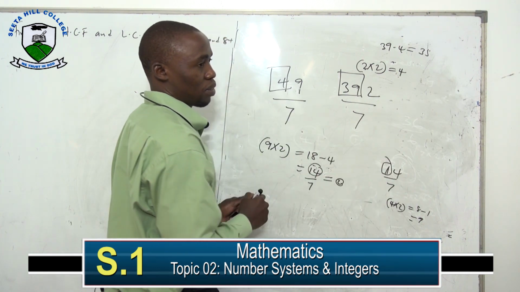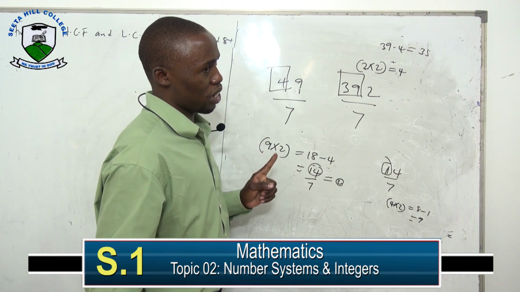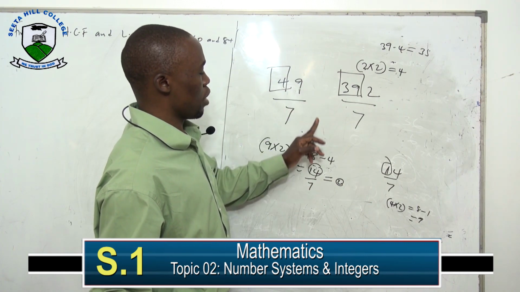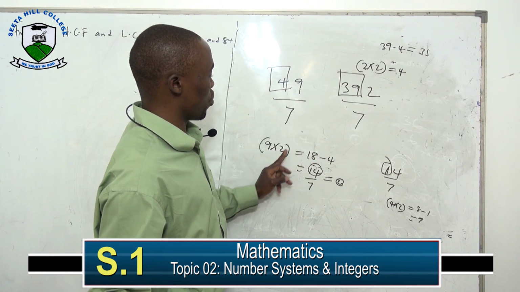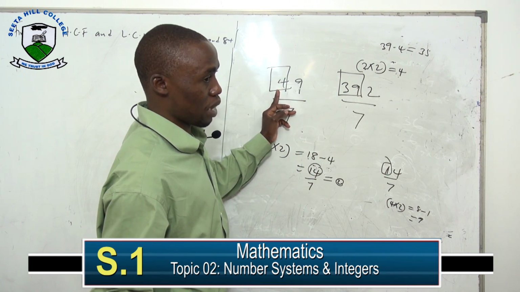A number is divisible by 7 on condition that when the last digit is multiplied by 2 and you subtract the product from the remaining digits, the answer should be a multiple of 7 or 0.